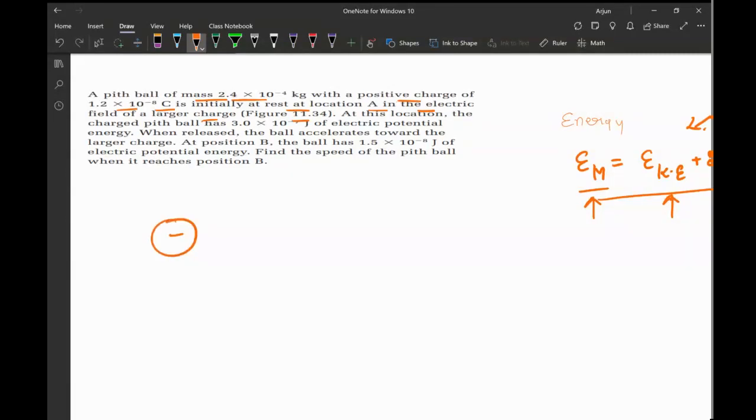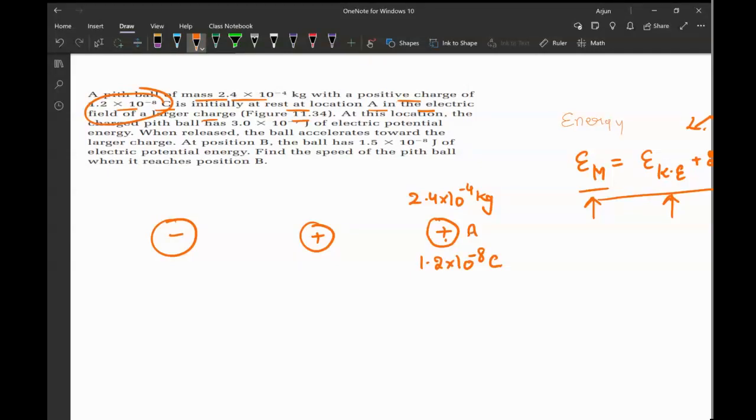This is a negative charge, then there is this positive charge here, and initially the ball is here at rest.